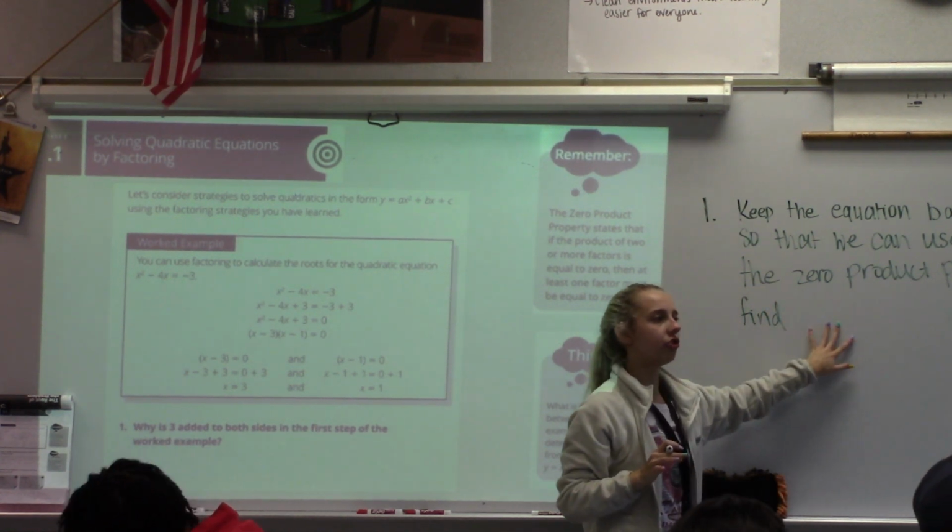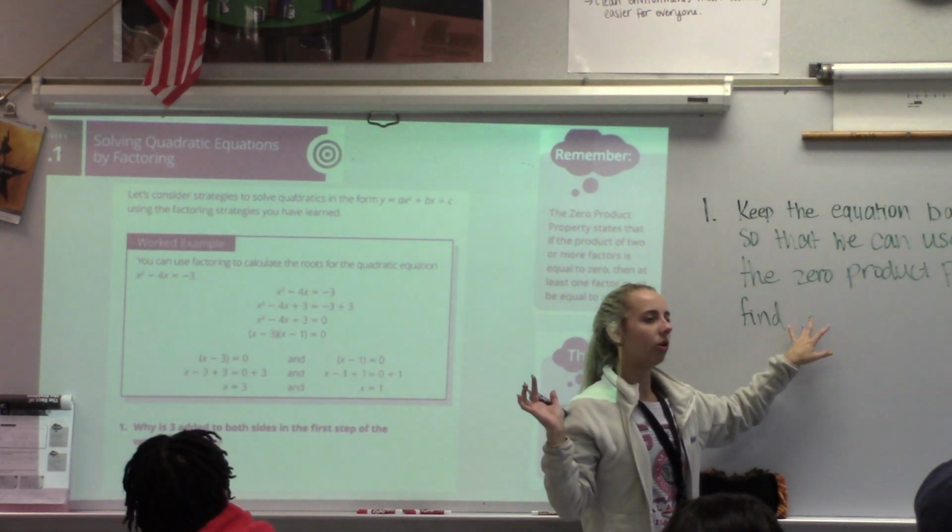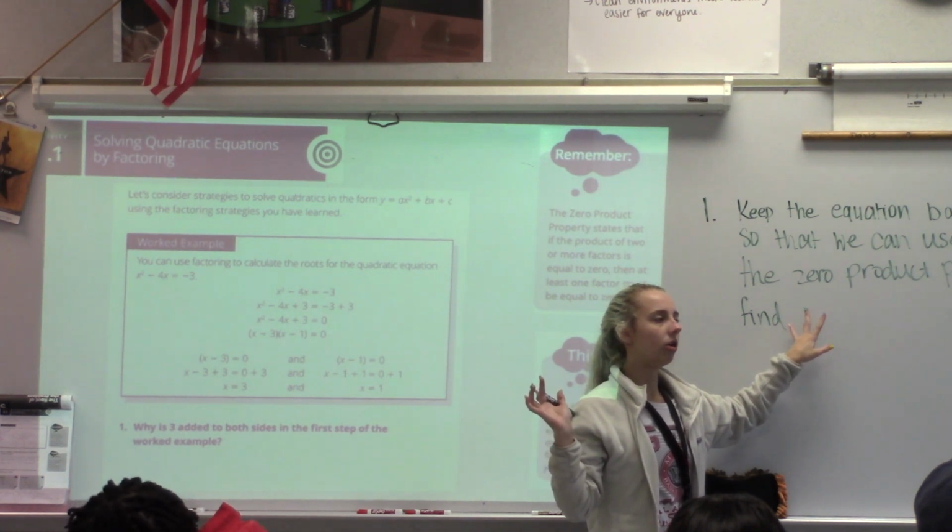Should we say find solutions? Would that be more accurate? We can use the zero product property to find solutions, zeros. Let's do solutions to the equation.